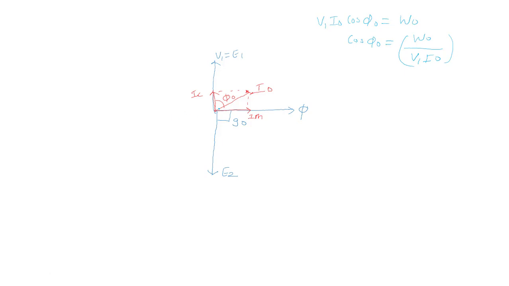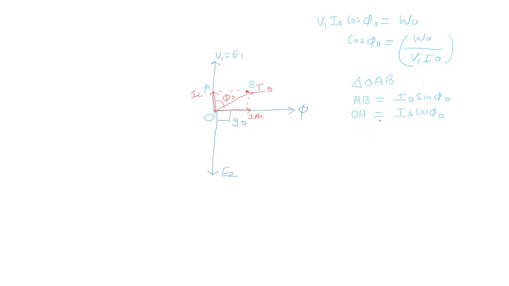Now by this diagram, let us assume this is triangle OAB. Consider the triangle OAB: this side AB must be equal to I0 sine of phi naught, since it is the perpendicular. Similarly, the side OA is equal to I0 cos of phi naught.